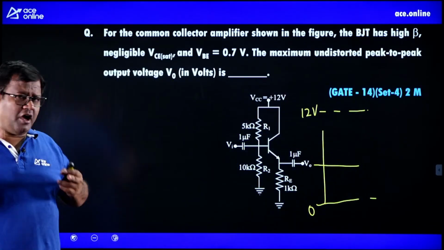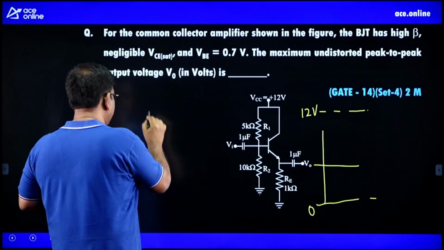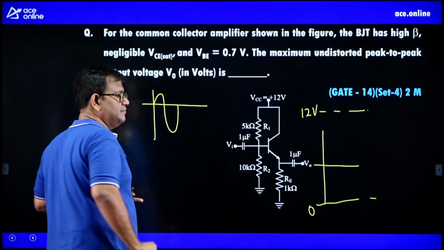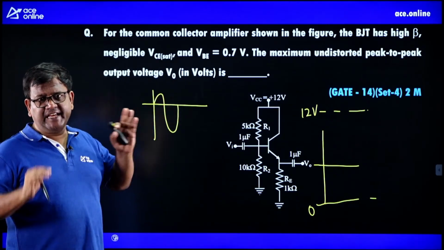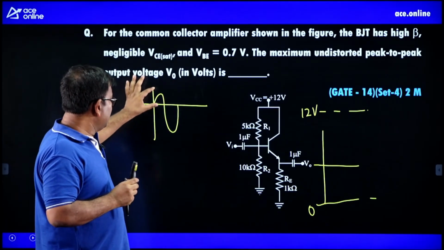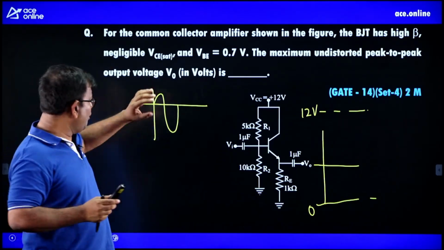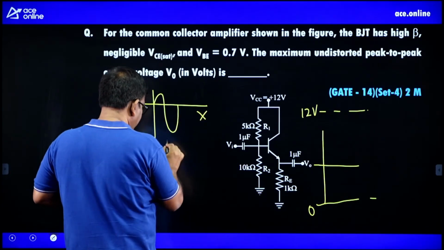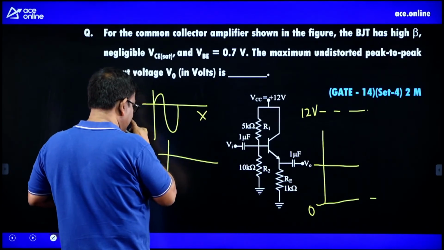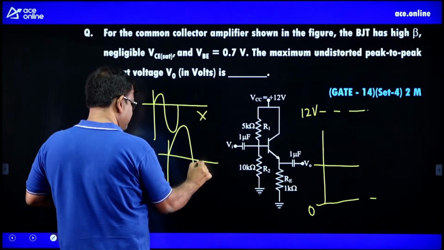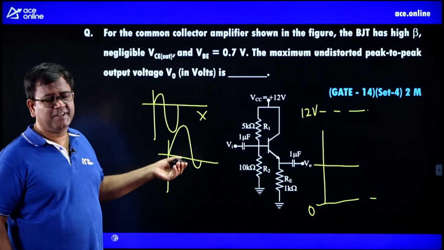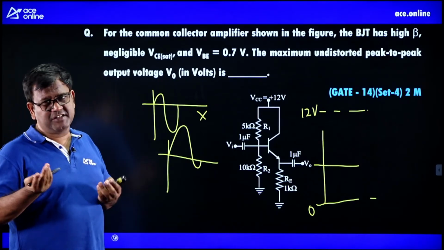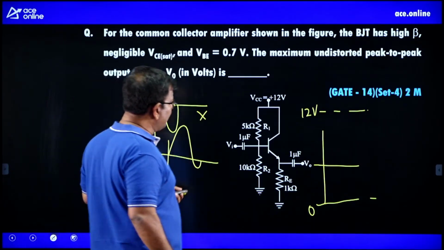When you want to draw a sine wave, you cannot draw a sine wave like this. This is not a sine wave. A sine wave should have symmetrical swing, the positive peak should be equal to negative peak. So this is a wrong sine wave, right? You cannot draw a sine wave which is like this also. This is not a sine wave. So let's choose a DC value where you can have symmetrical swings, right? Okay, let's solve the problem.